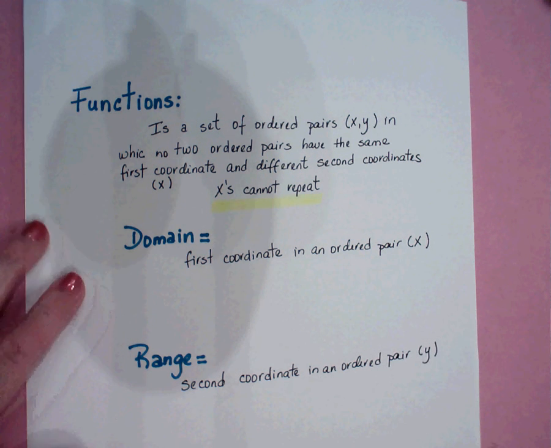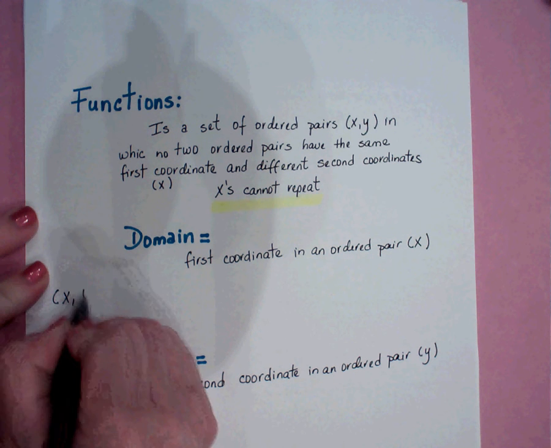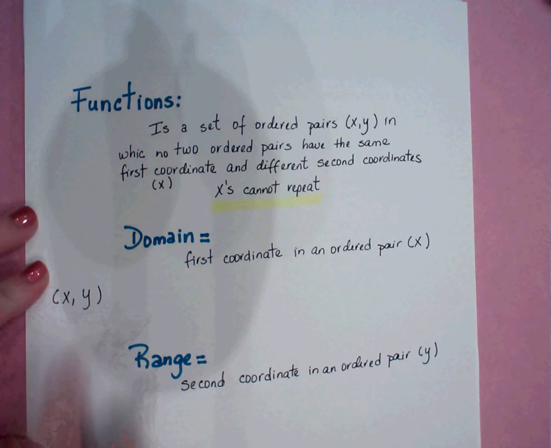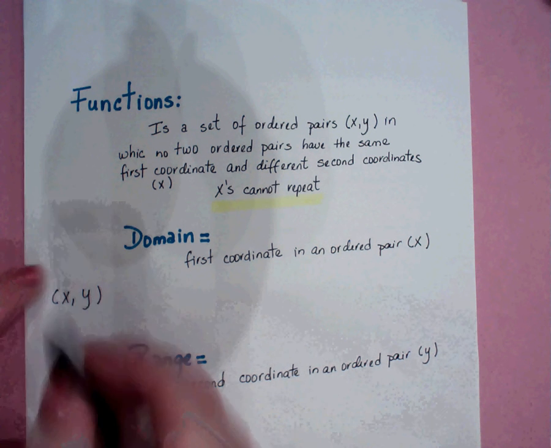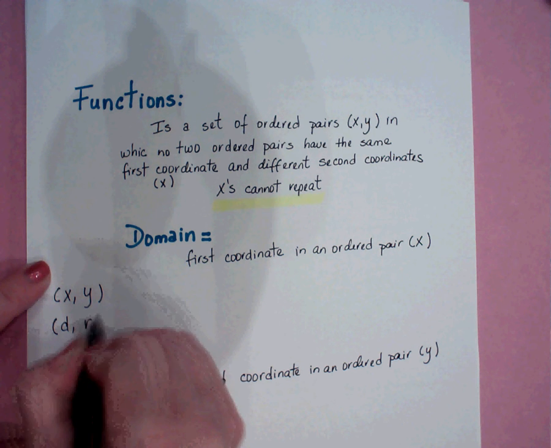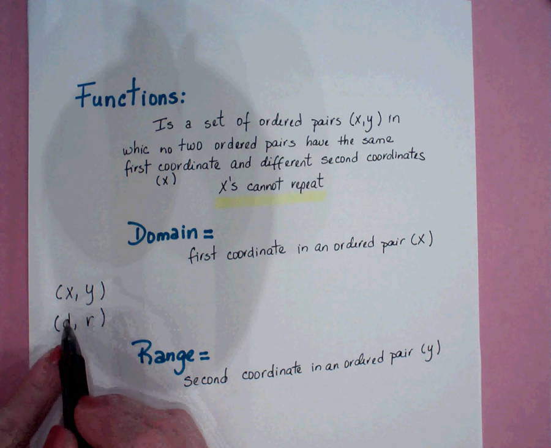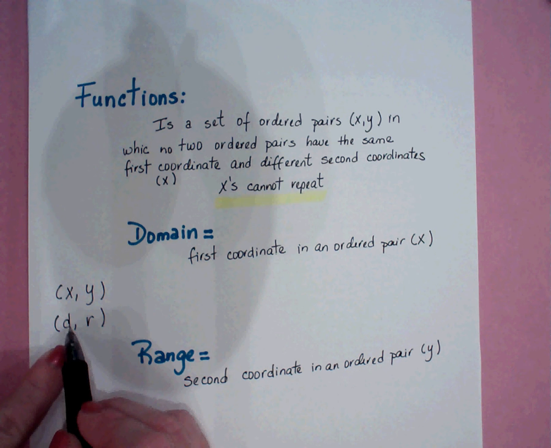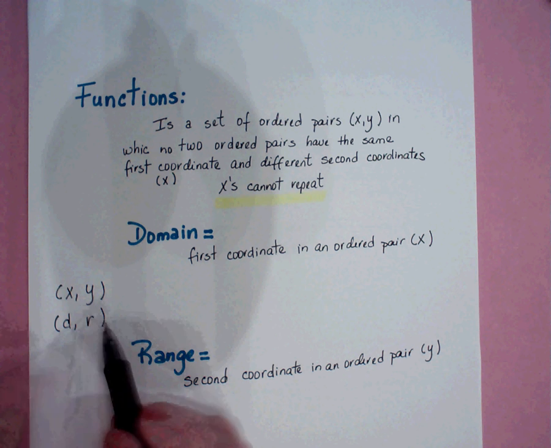Now this is how I can remember. I know that when I'm plotting, the x comes before the y, because in the alphabet, the x comes before the y. And just like the x and the y, with domain and range, D comes before R, which means the domain is your first element and your range is your second element.